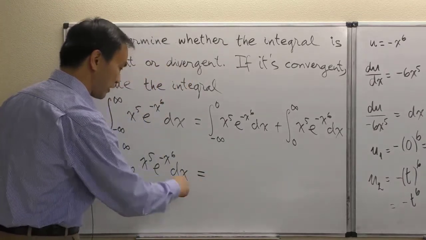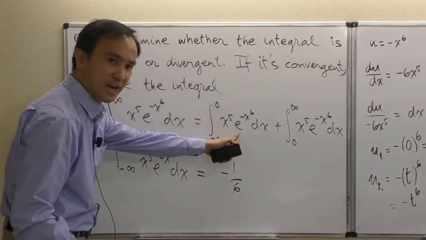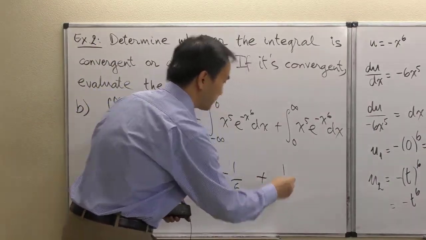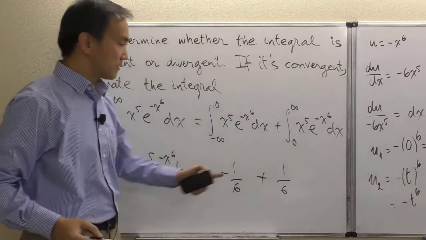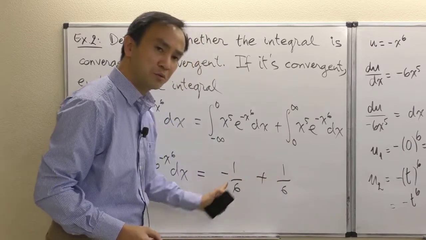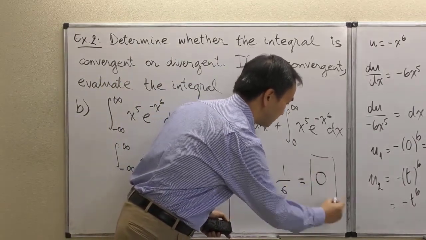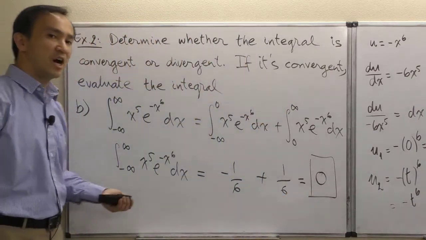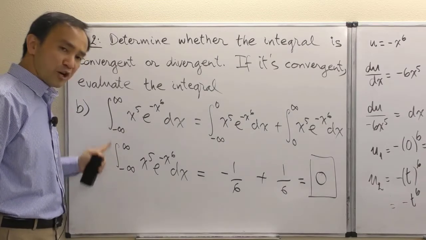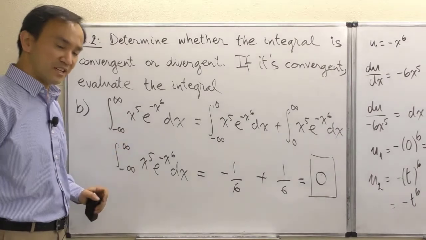So that integral has a final answer of minus 1/6 that we found from here, and then add the positive 1/6 that we've just now found from this improper integral over here. And so now the sum of the two answers comes out being 0, which is our final answer, the evaluated answer of our overall improper integral from minus infinity to positive infinity. Okay, and that's how a problem like that is done.